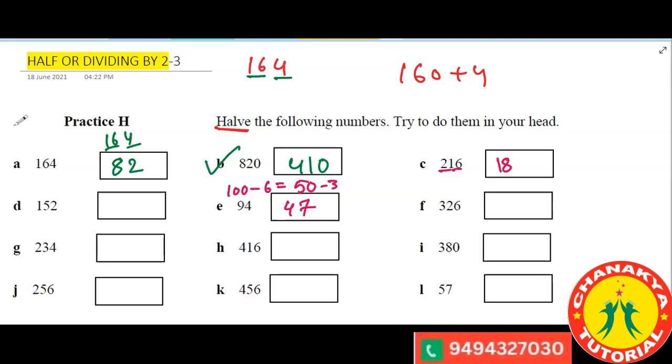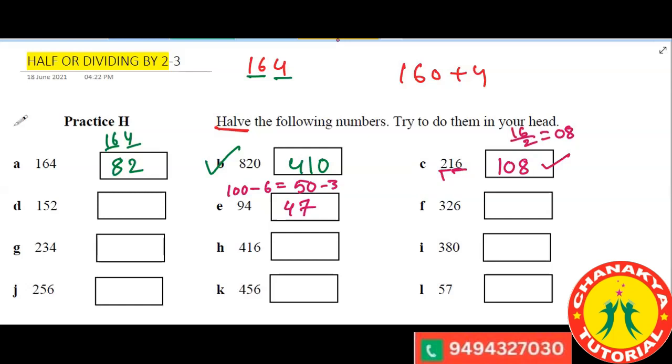Very good, correct. 2 divided by 2 is 1, but 16 by 2 is not simply 8, it is 08. Or else 200 half is 100, 16 half is 8. So 108. That is also okay.